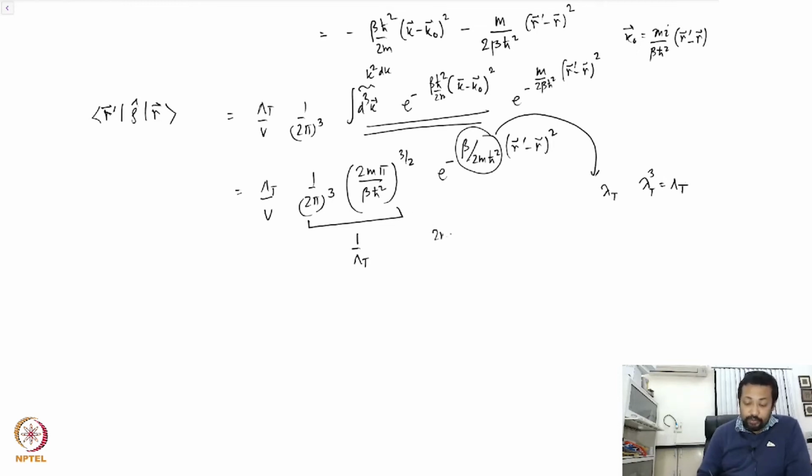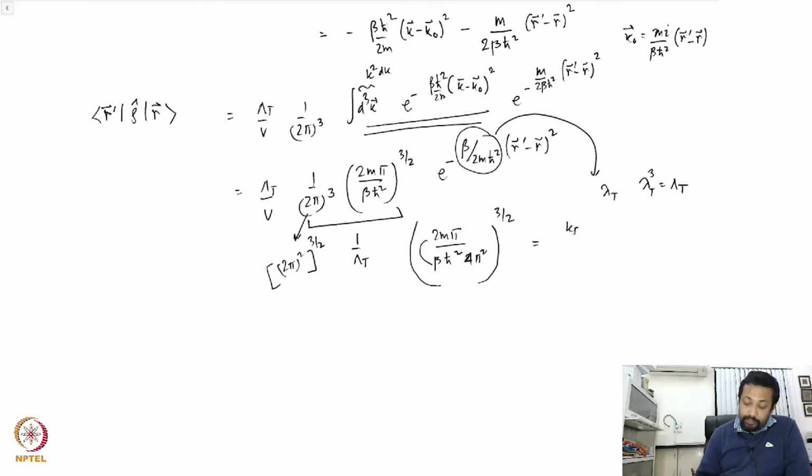So just simplify this. This becomes twice m pi beta h bar square, and this term I can write 2 pi whole square, raised to the power 3 by 2. So this becomes 4 pi square raised to the power 3 by 2, and this is very easy to calculate now.